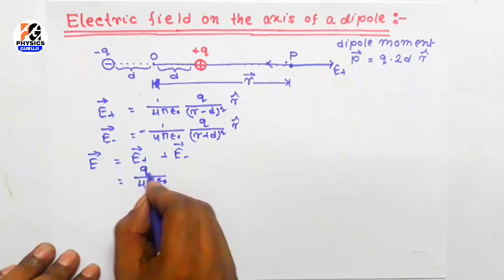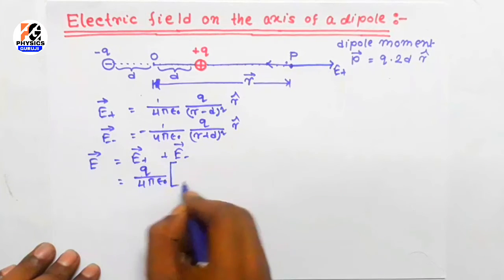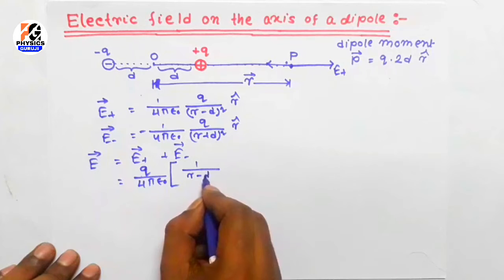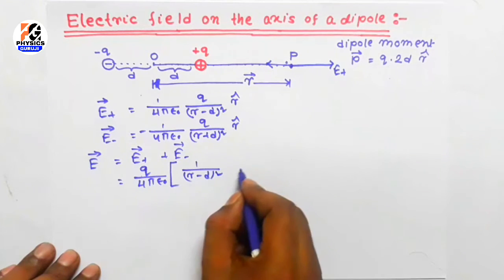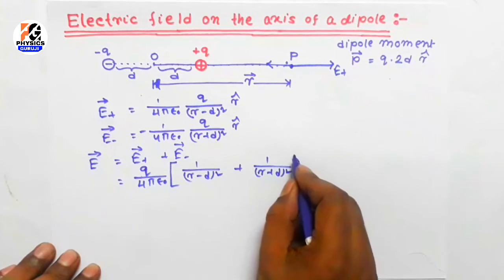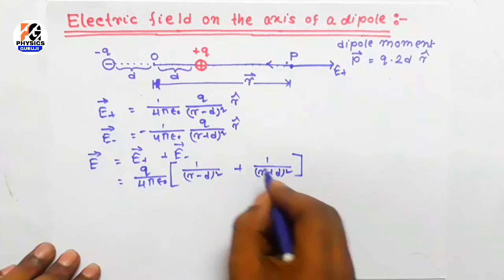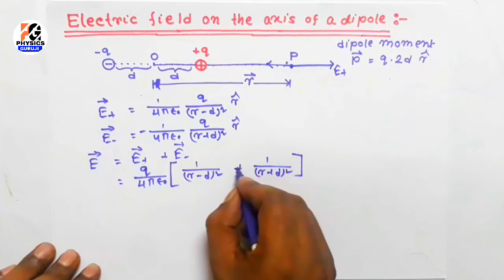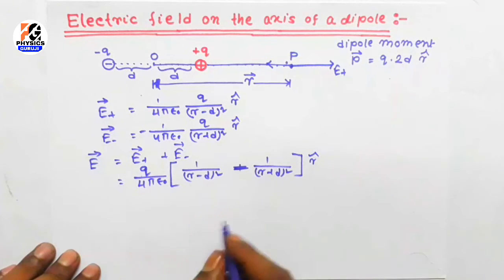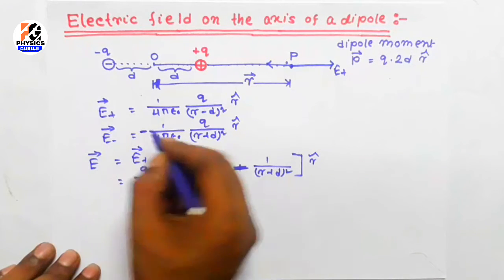If you take q as common, then it becomes 1 by r minus d whole square minus 1 by r plus d whole square, into r cap. Sorry, here there is a minus sign.